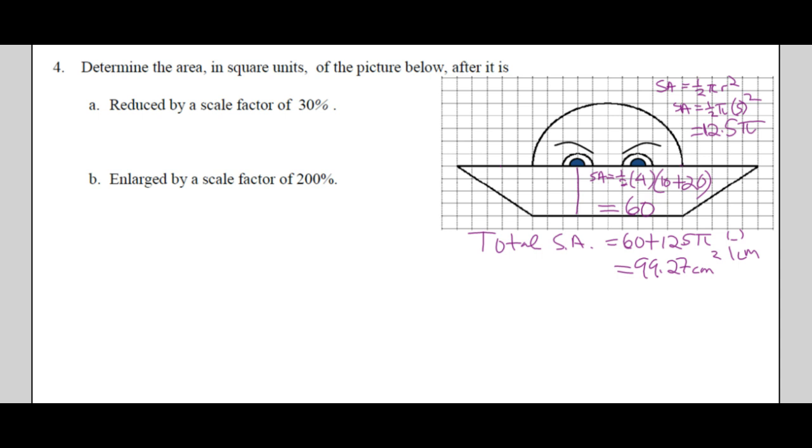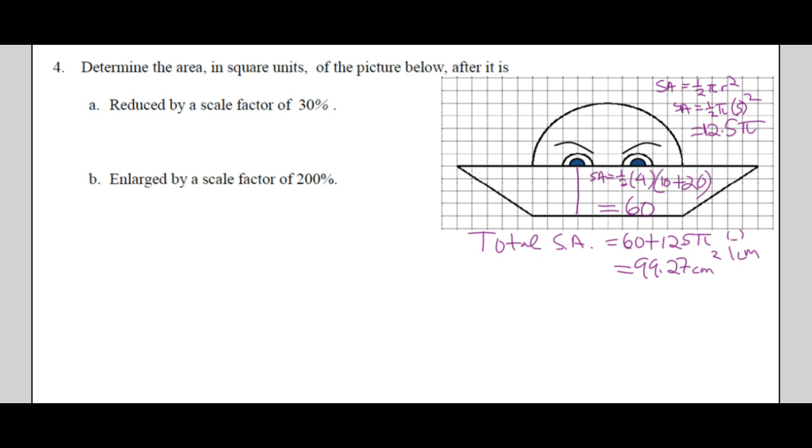Okay, or if those aren't centimeters, then it's in square units, where a unit is just 1 block. Okay, so I'm going to say they represent centimeters. If you reduce by a scale factor of 30%, so this is an important point. If it's 30% smaller than it was, then how big is it? What percent of the original is it? So okay, right now it's sitting at 100%. If I make it 30% smaller, then what percent is actually left? 70%, right?